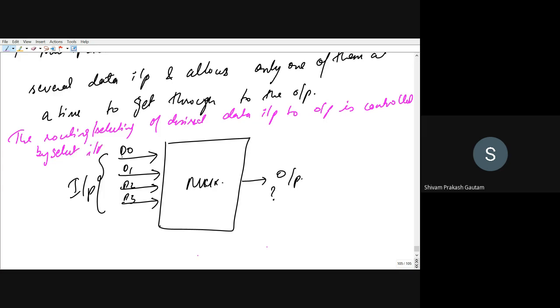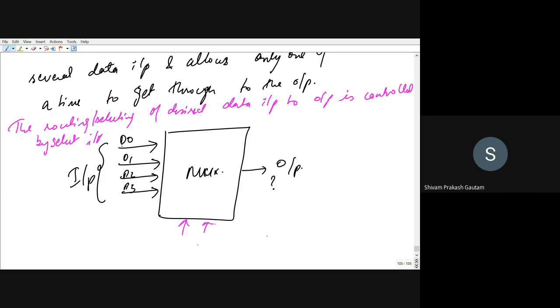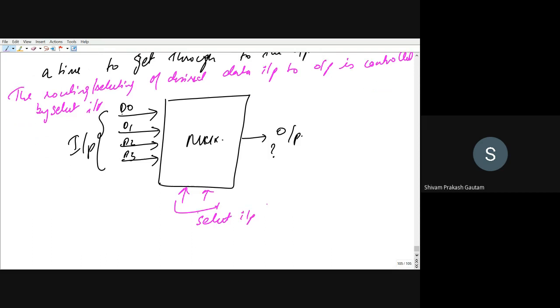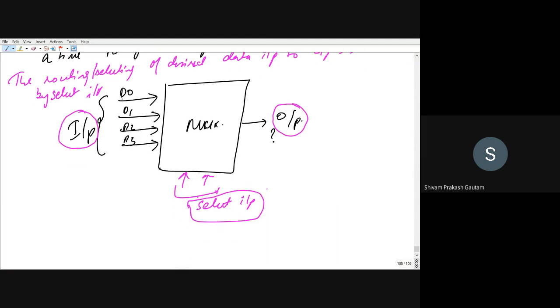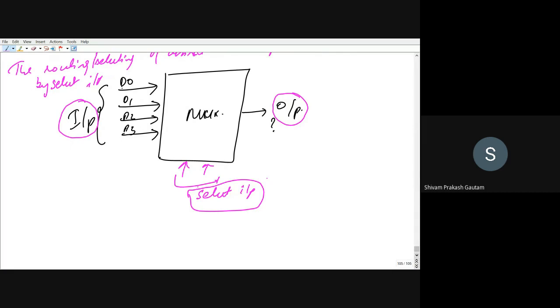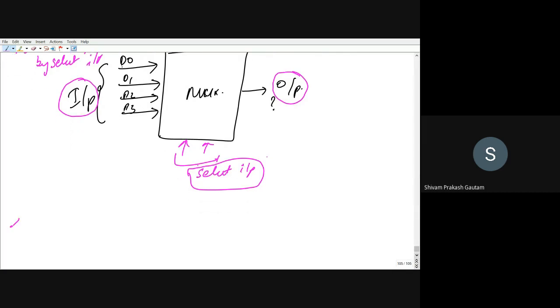So here we have the select lines, right? You can see we have three categories in a multiplexer: we have inputs, we have the output, and based on the select input, a certain input will flow to the output. So this is the basic circuitry of the multiplexer. Now we will see the first multiplexer, that is called the 2x1 multiplexer.